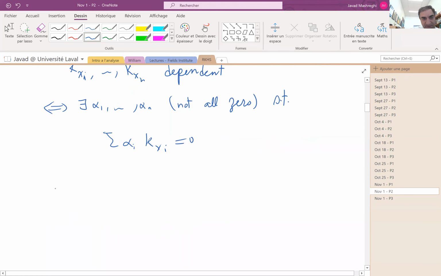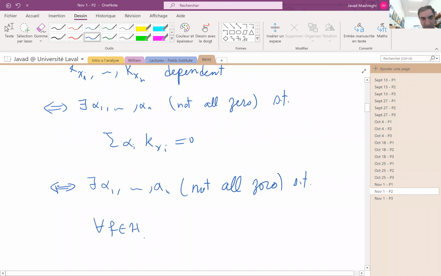And based on the identity here, this is equivalent to saying that for all f in H, the sum of alpha I bar f of xi is equal to 0.